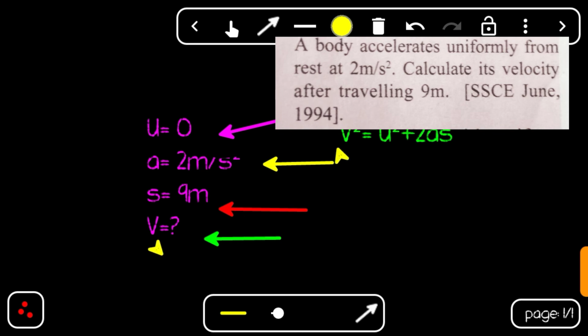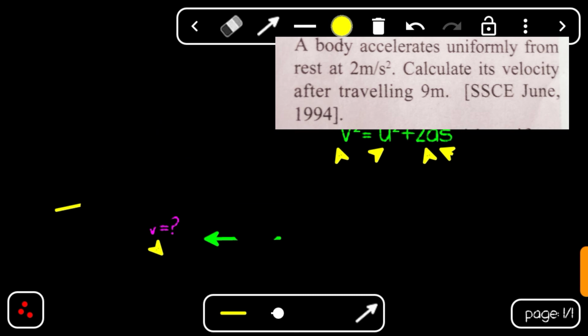We have u, and we also have u here. We have a, acceleration, and we also have acceleration here. We have s, distance, and we also have distance here. So this makes this formula the perfect formula to use. So let's get to the solving part.